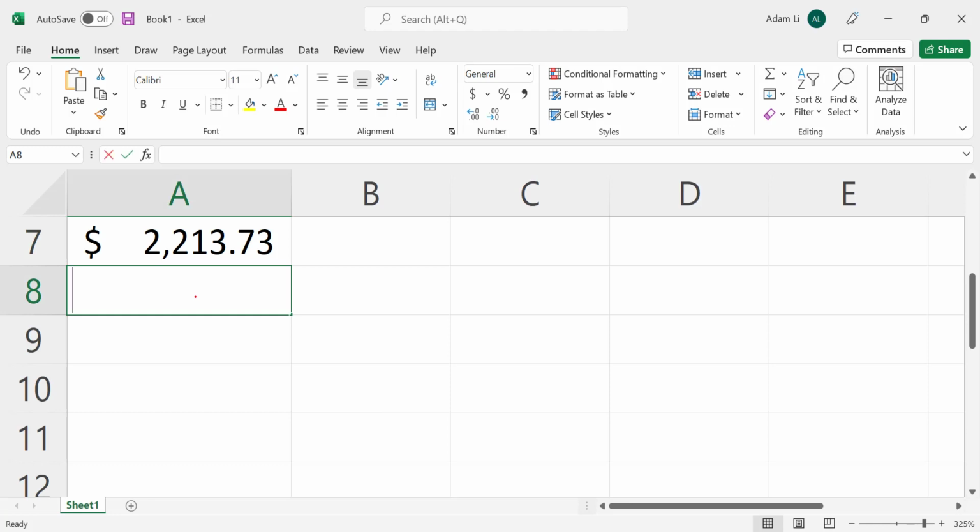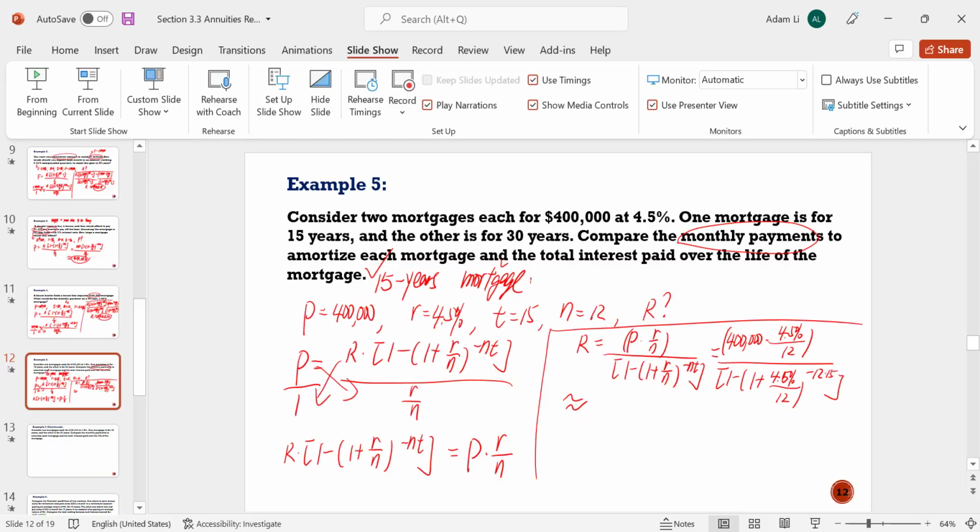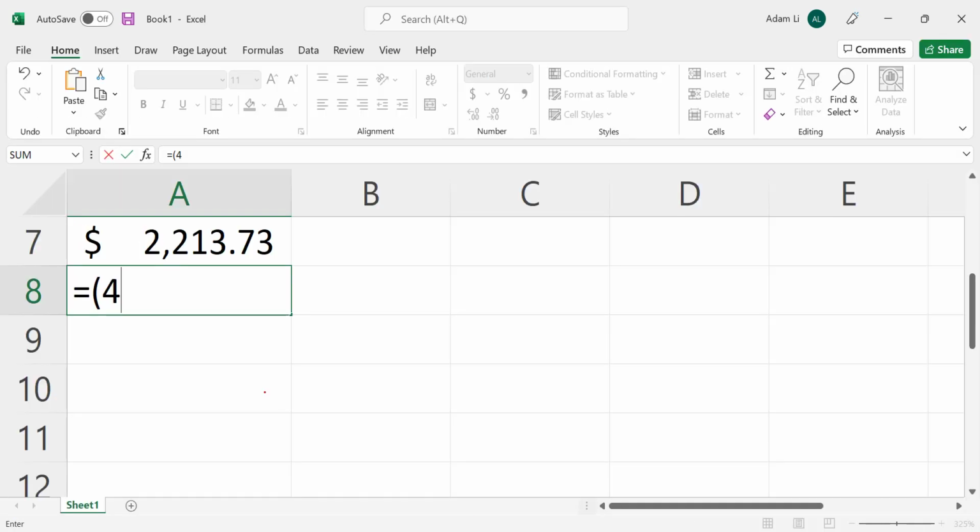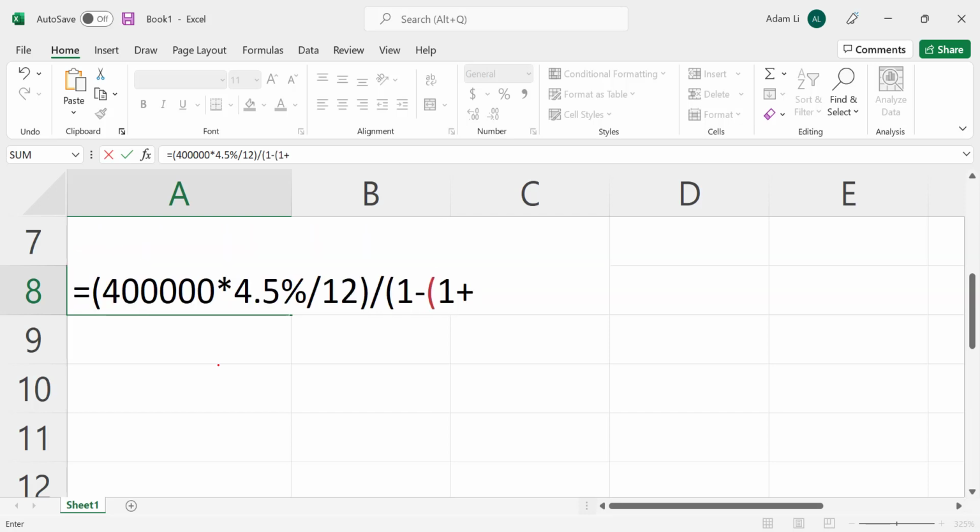In Excel, we have 400,000 multiplied by 4.5% over 12, dividing by the denominator 1 minus 1 plus 4.5% over 12 raised to negative 180 payments because it's 15 years.